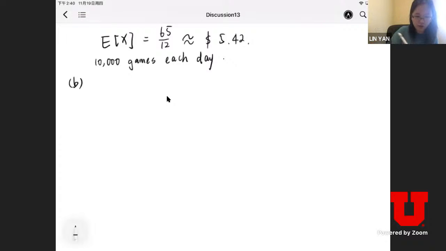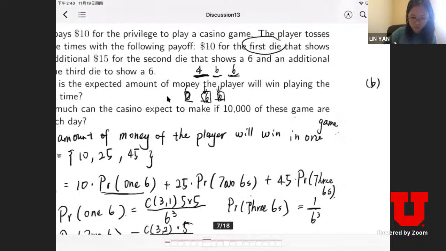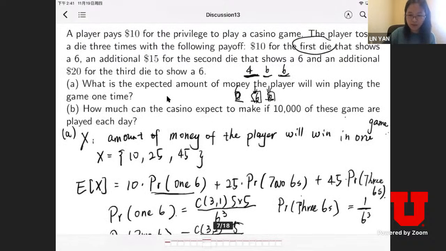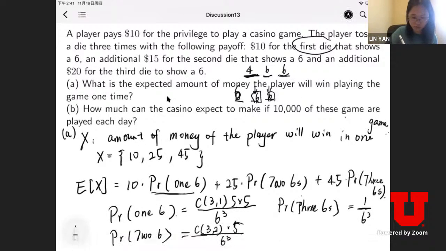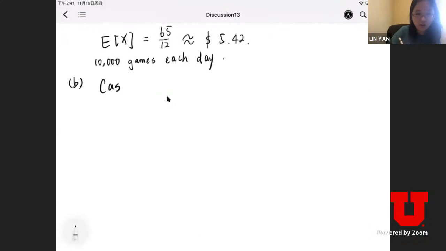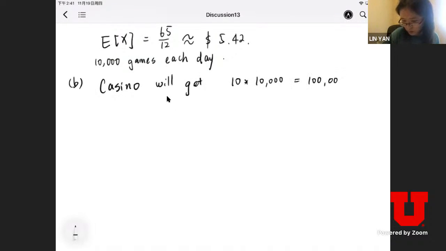So we already know that for each game, a player paid $10 to the casino. So the casino will get $100,000 before the games start.